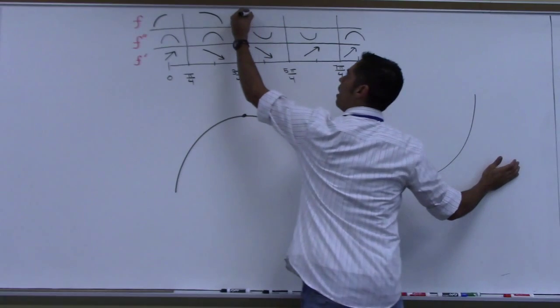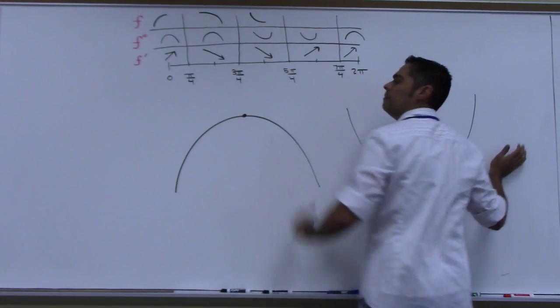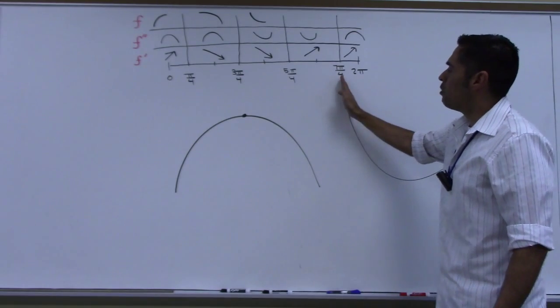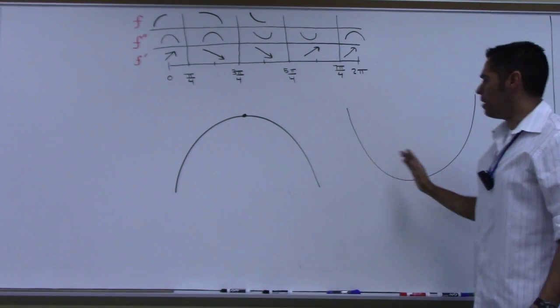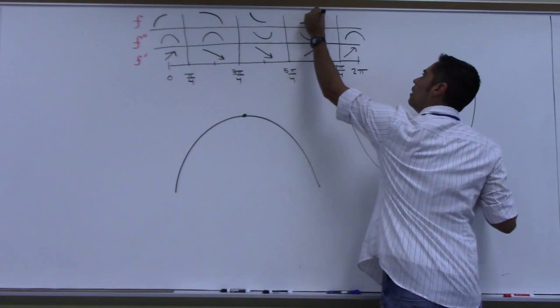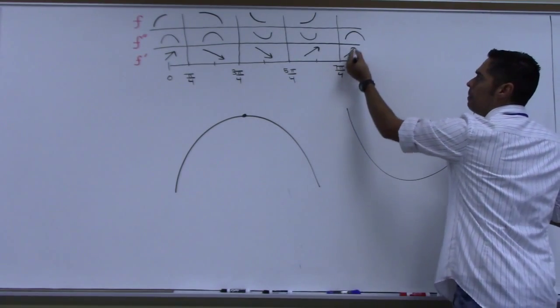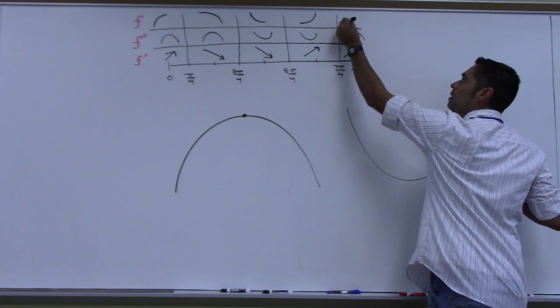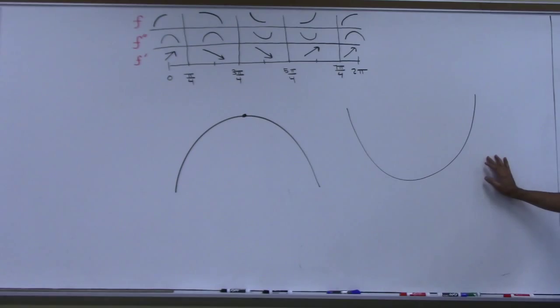So I've got to look like the left side. Then from 5 pi over 4 to 7 pi over 4, I must be going up a smile, which means I must be the right side. And finally, to be going up a frown again, I've got to be which side? Left side. Understand? Okay.